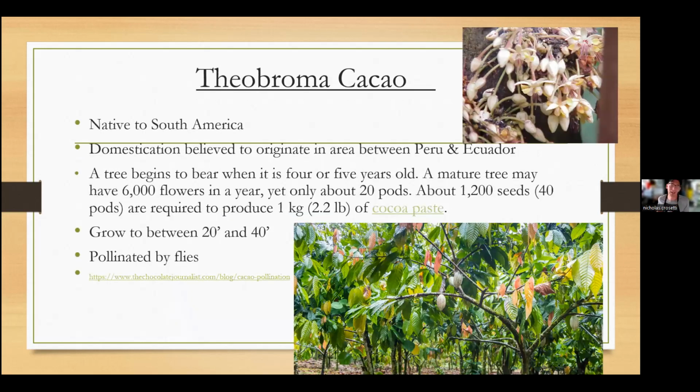So speaking of cacao, the scientific name of the cacao tree is Theobroma cacao. This is a tree native to South America. It grows in humid, jungly places. It's not a very large tree considering its native environment.